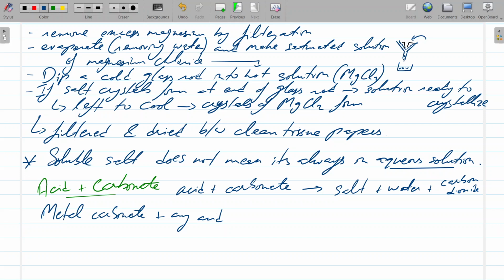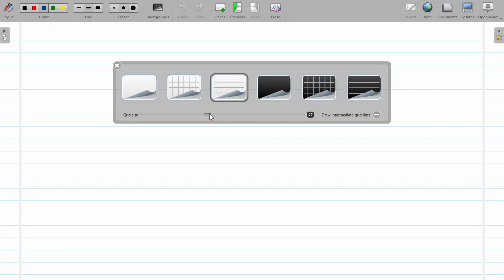The procedure is pretty much the same as we saw with an acid and a metal. And what you will observe in this case are effervescence, the production of a gas, in this case, carbon dioxide.